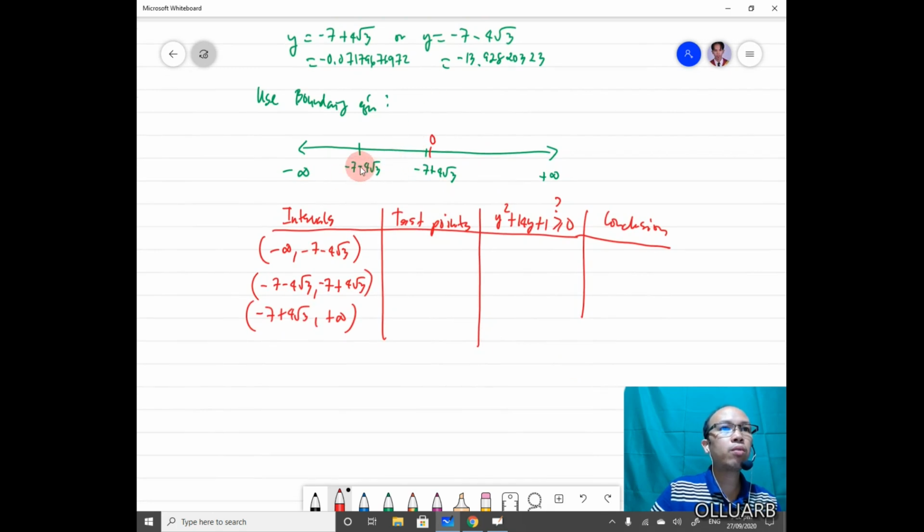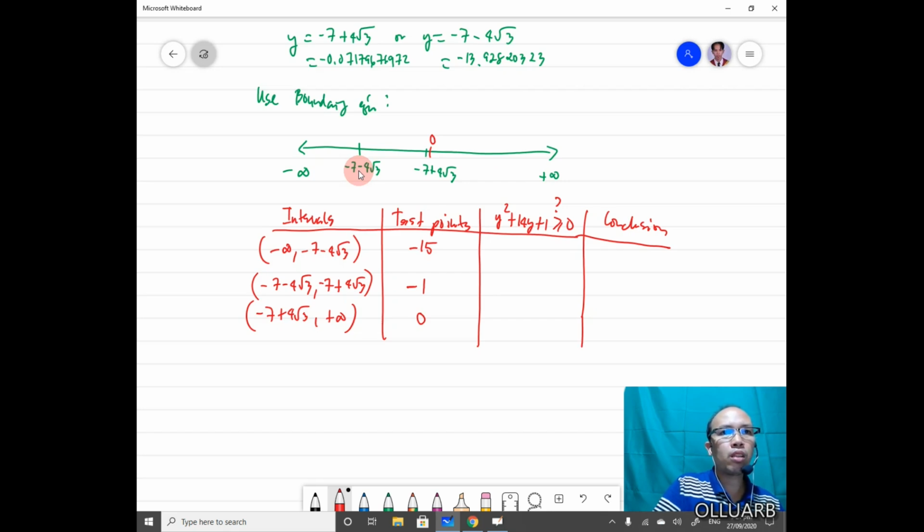We know that this value here is negative 13, so we can get negative 15 as the test point for this interval. For the middle interval you can have negative 1, and for the last one you can have 0. It's just test points.